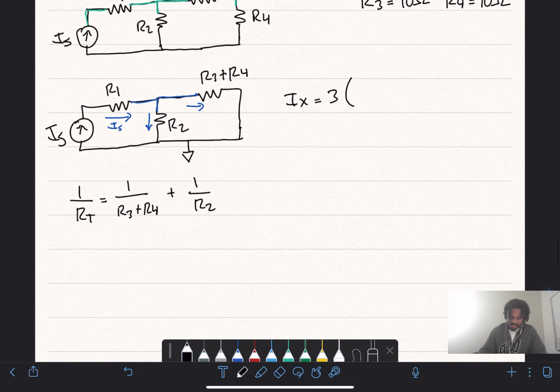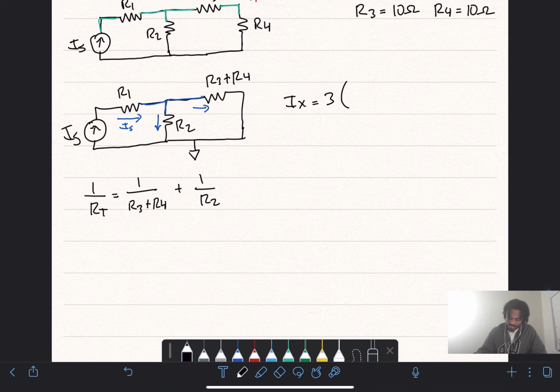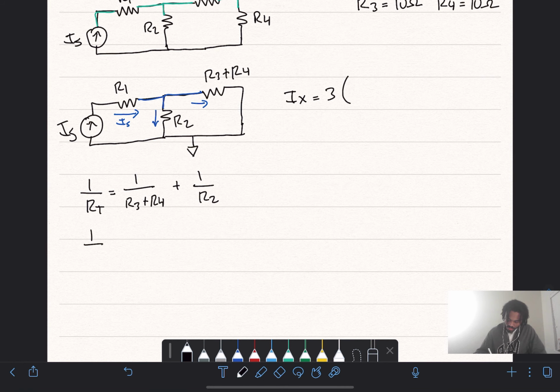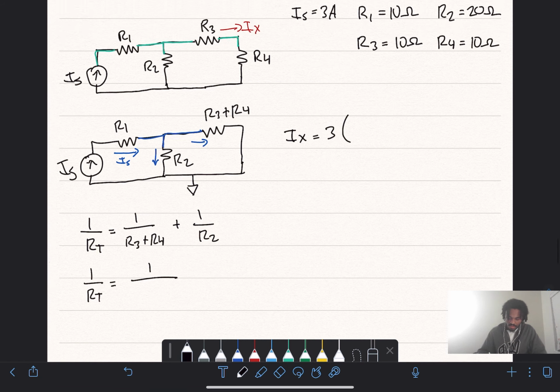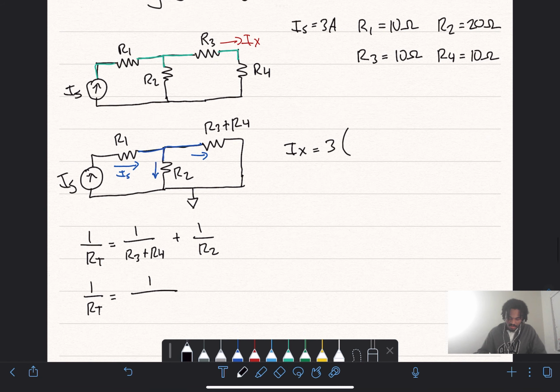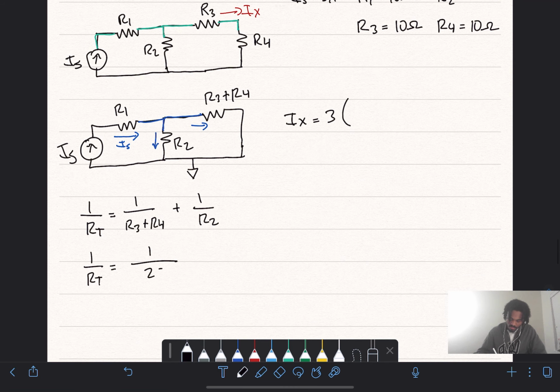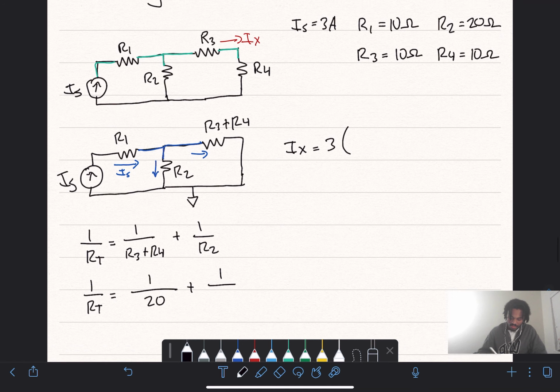So I'm just going to plug these numbers in and get these values real quick. R3 is 10, R4 is 10, so we have 1 over 20 plus 1 over R2, which is 20 ohms.